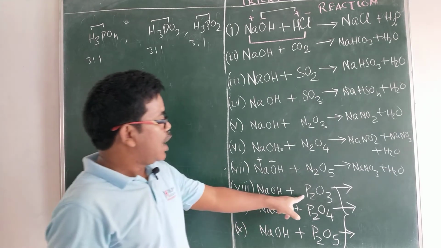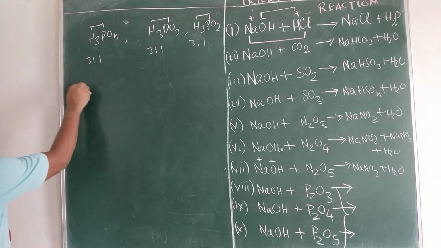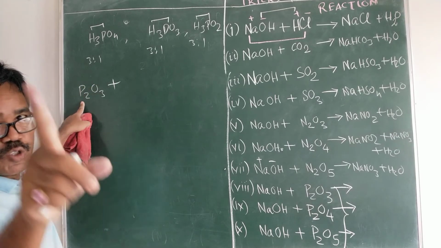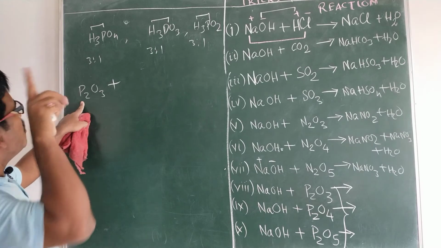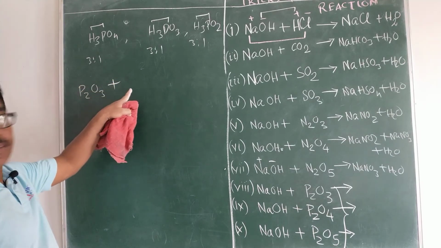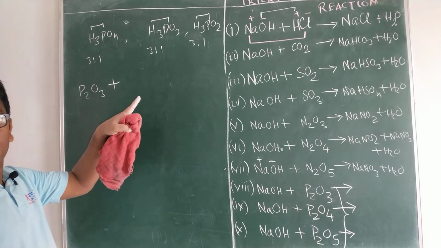Therefore, here how many phosphorus are there? In the first case, P2O3, there are 2 phosphorus atoms. To maintain the 3:1 ratio, how many hydrogen should we have? 6. Yes or no?